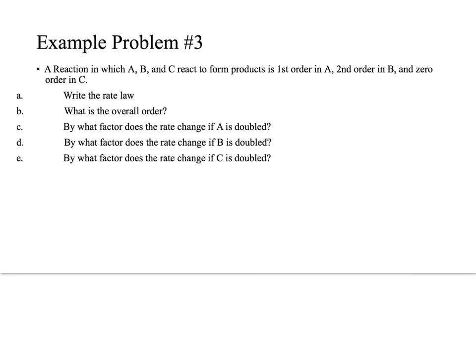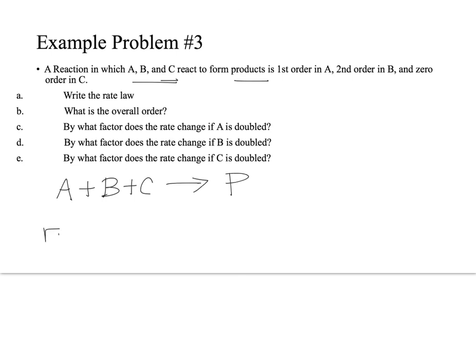The last problem, problem number 3, we're asked to write the rate law for this reaction. We've got A, B, and C going to form products. So A plus B plus C goes to product.